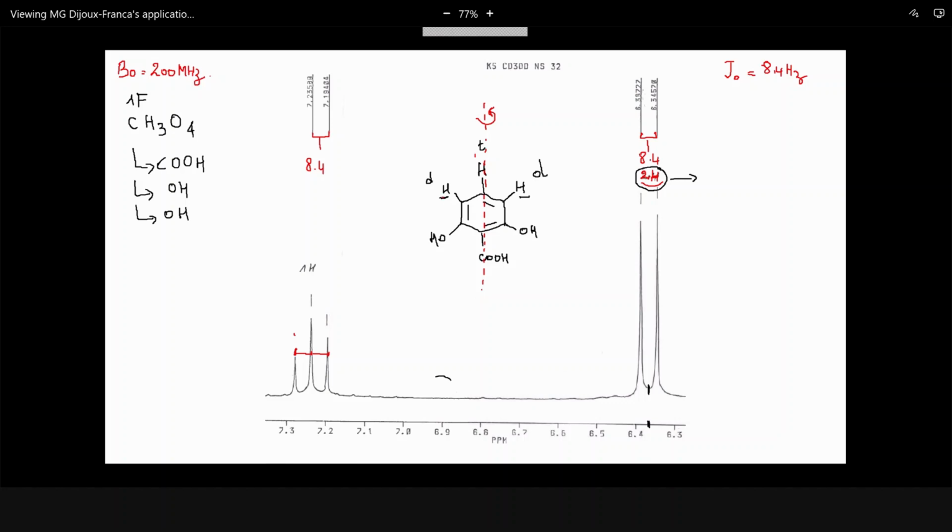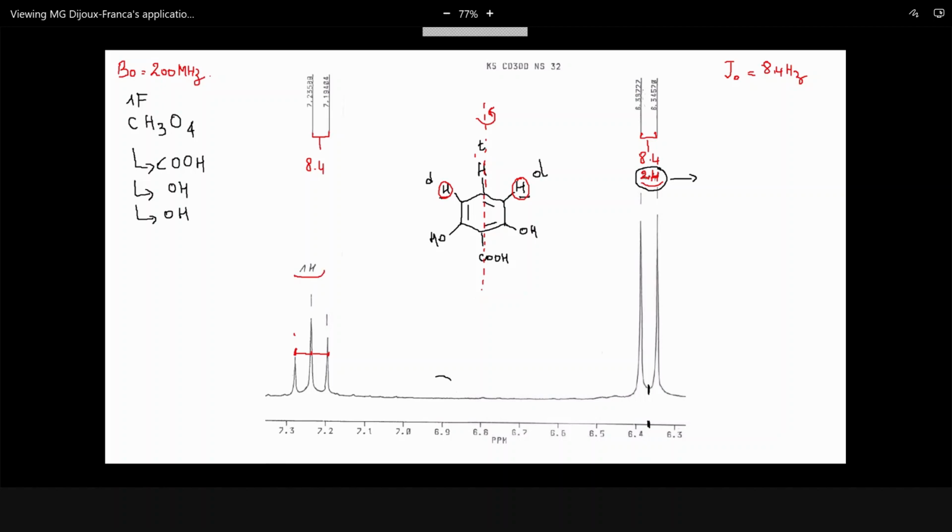That means that this proton and that one have exactly the same influence around, so they will have the same chemical shift, the same frequency of resonance, and the third one is alone in the middle. We have only 1 proton.